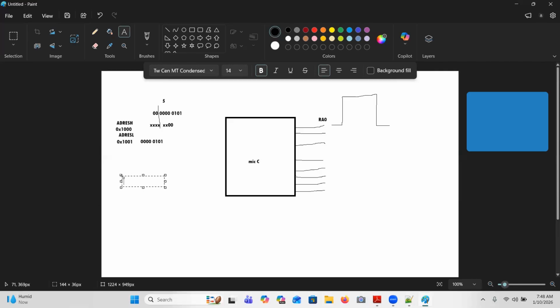If I write the entire 16-bit result, you put x x x x x x 0 0 and 0 0 0 0 0 1 0 1.